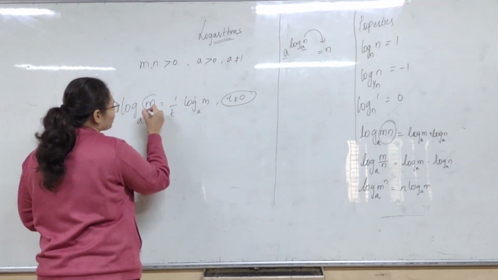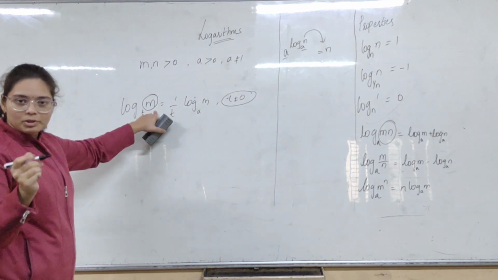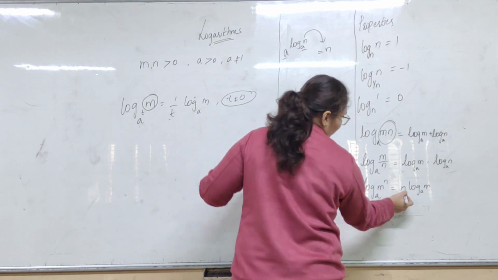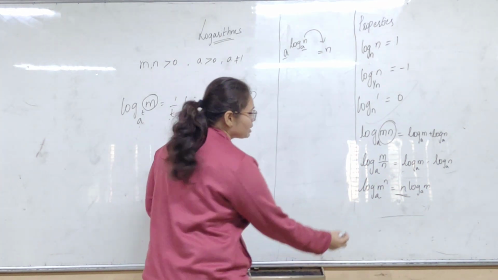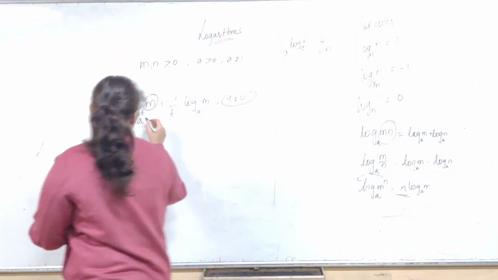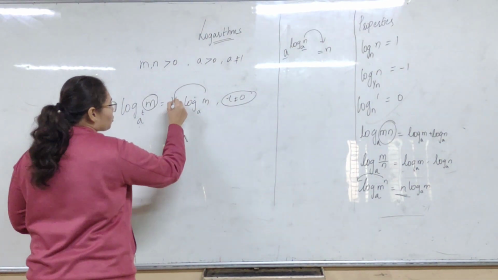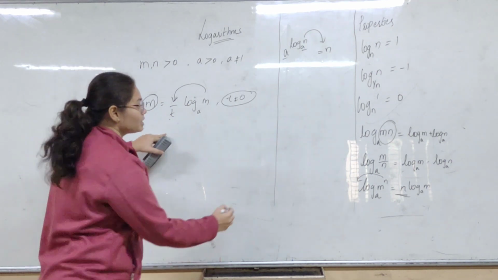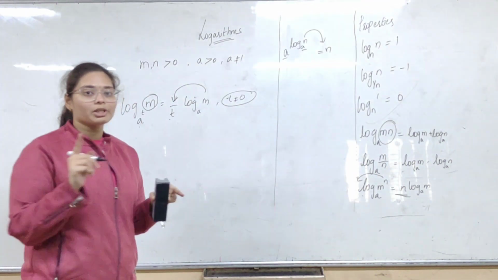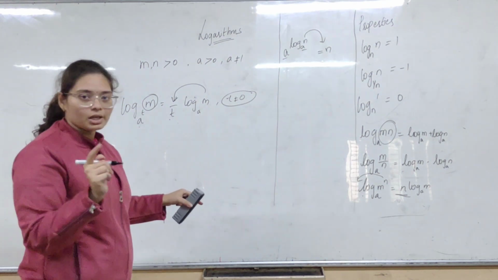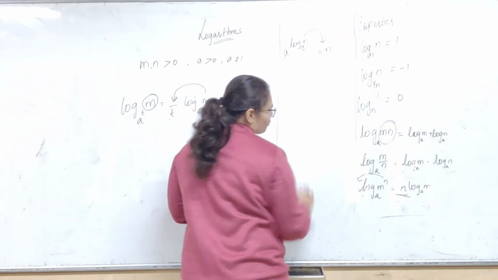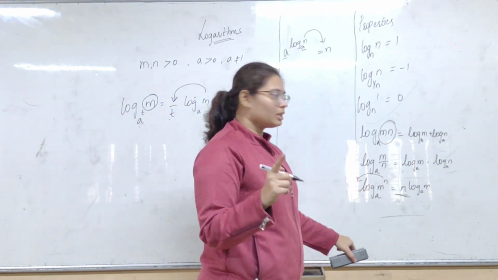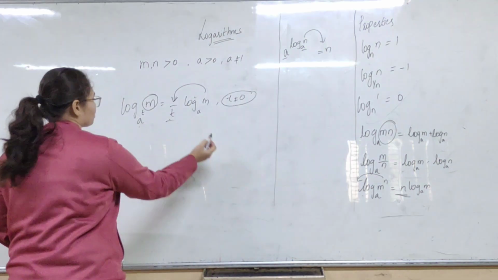If we have the power at the number position, then it comes directly out. But if it is in the base, it comes as the reciprocal of that. You should not confuse these two formulas. If it is in the number, then it will come directly out, but if it is in the base, then the reciprocal is used.